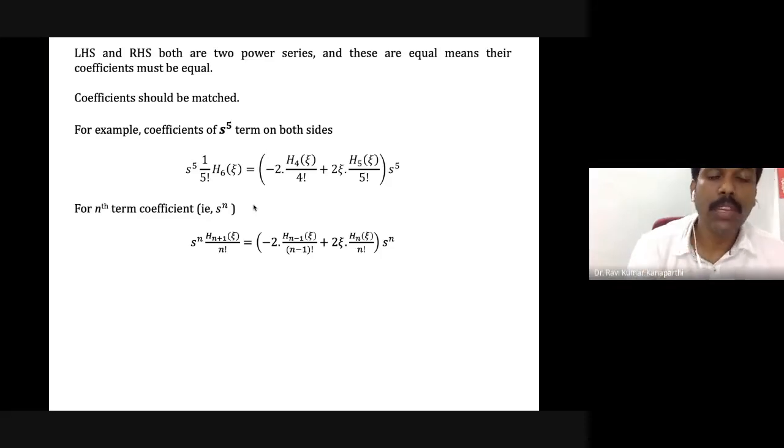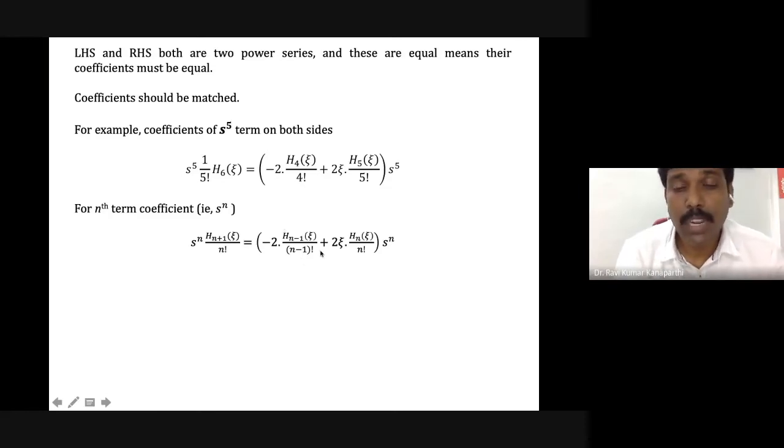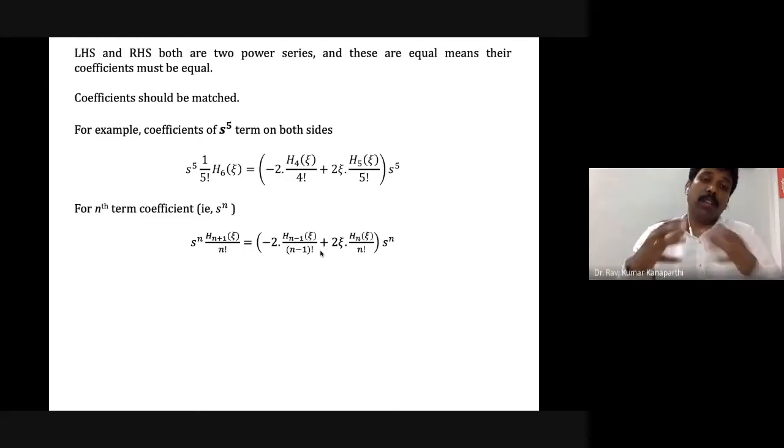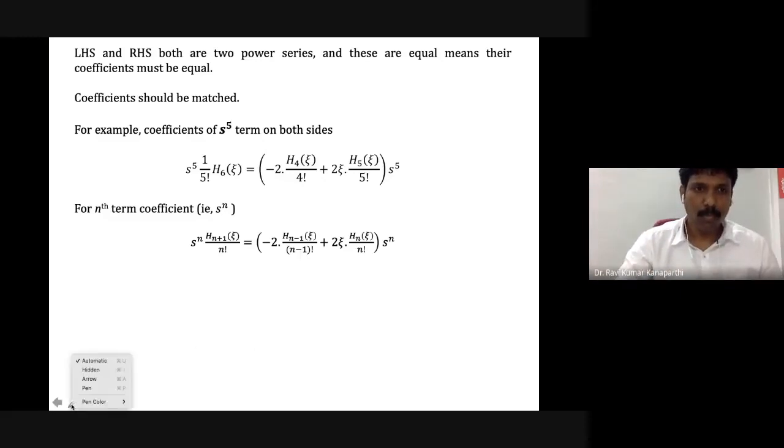Therefore, what we get is h n plus 1 of z by n factorial, which is equal to minus 2 on the right hand side, h n minus 1 of z by n minus 1 factorial plus 2z multiplied by hn of z by n factorial, multiplied by s to the power n. As you can see, both sides have s to the power n, so these can be cancelled out.